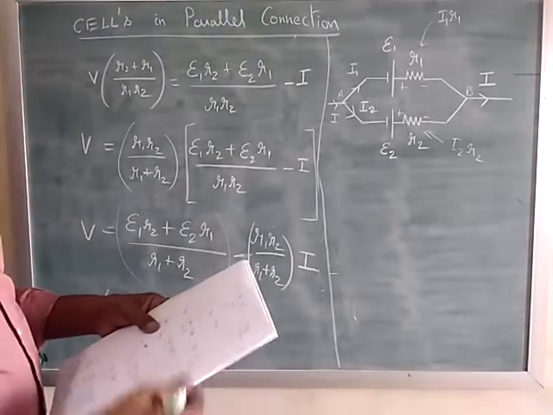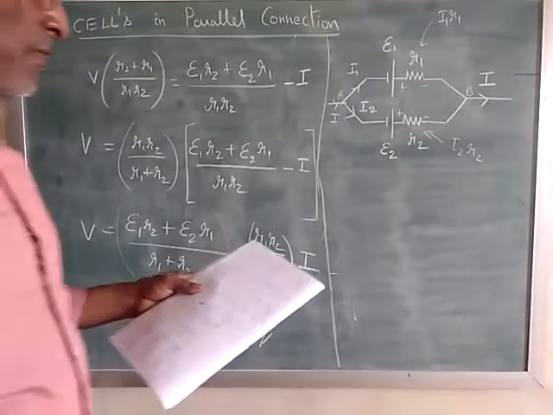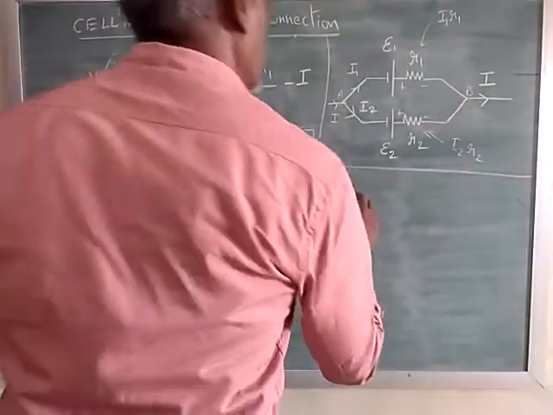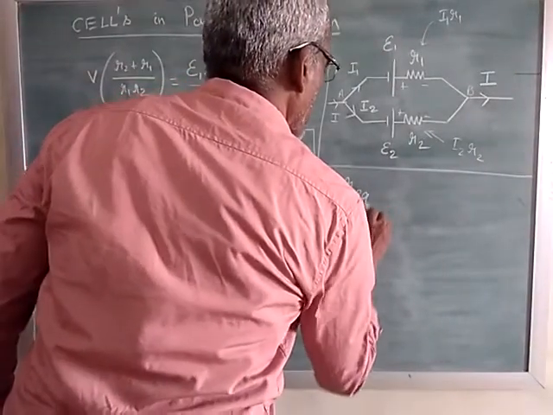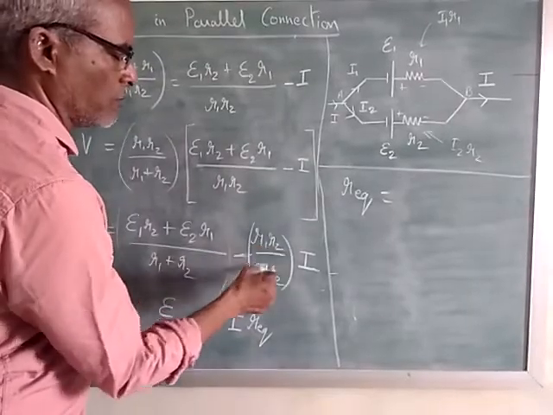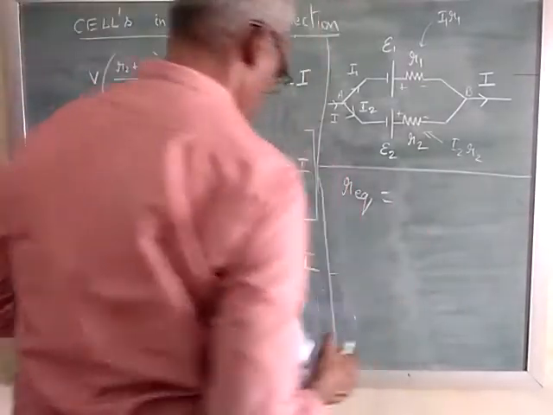Now we have R equivalent, which we have defined as R1 R2 by R1 plus R2.